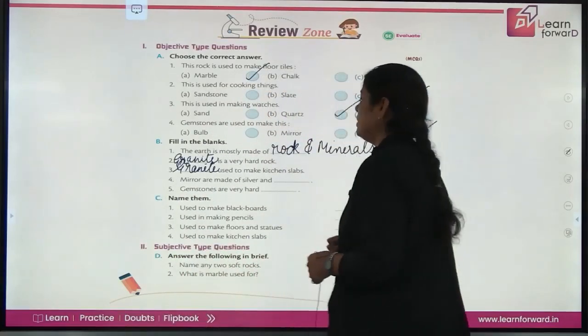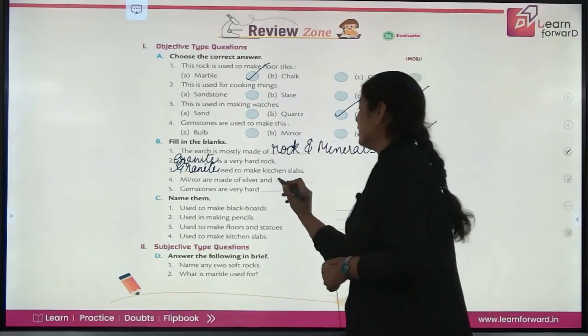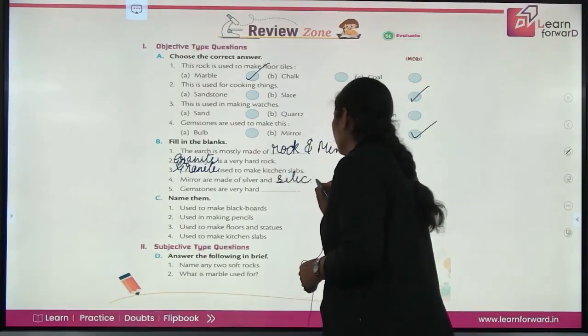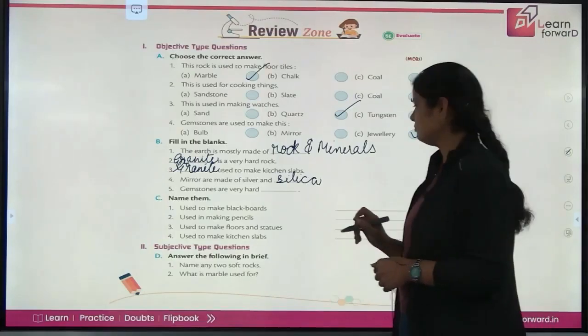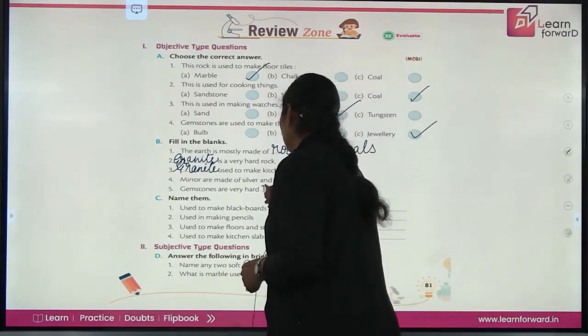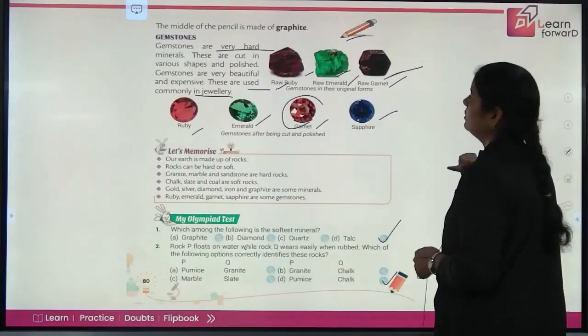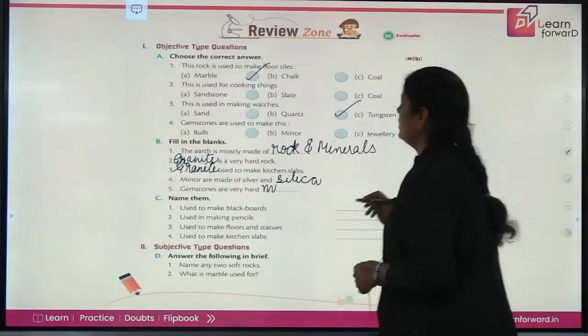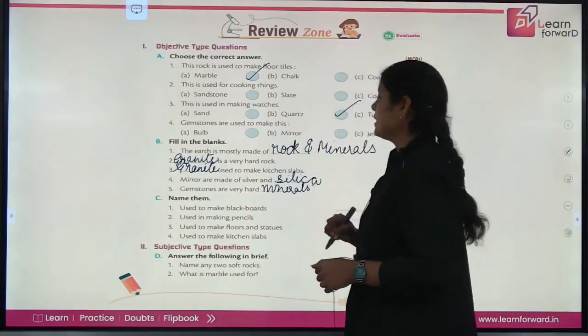Mirrors are made of silver and silica. Gemstones are very hard minerals. Now name them.